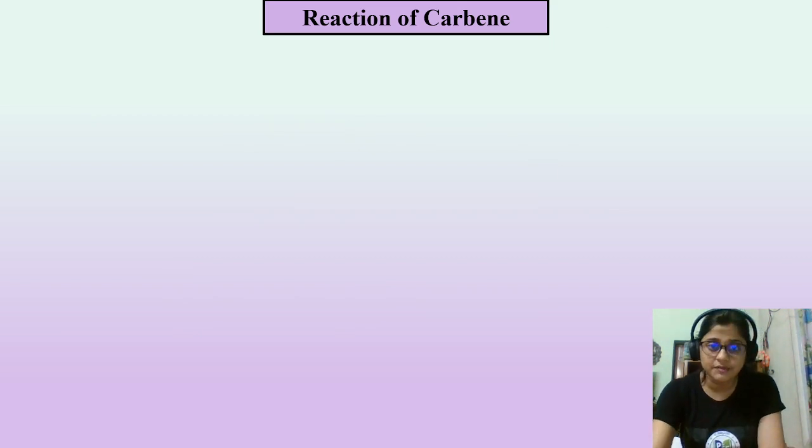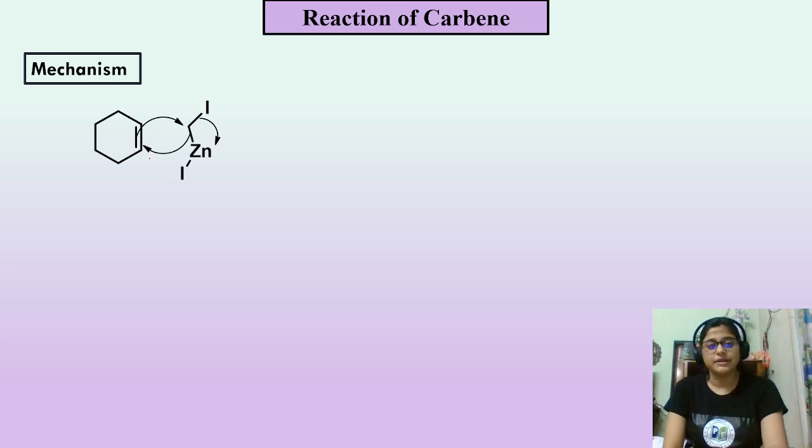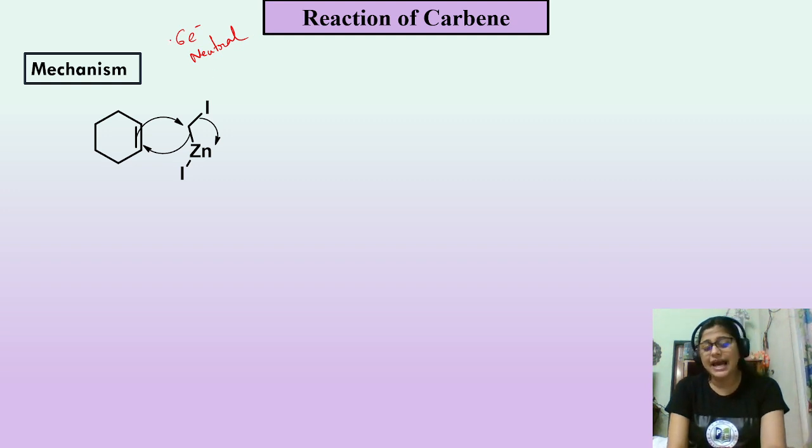Understood? Next, the mechanism. How is it actually happening? It is simple. We know the nature of carbene. It is a 6 electron species, neutral, it doesn't have any charge, but as it has 6 electrons, it wants to have 8 electrons in its valence shell orbital.